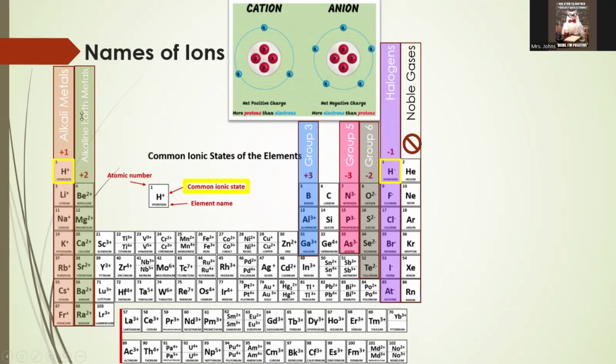The second group, group 2, are known as the alkaline earth metals, and they have 2 electrons that they will easily lose. So they have a +2 charge when they form an ion. Group 3 metals have a +3 charge when they're a cation.